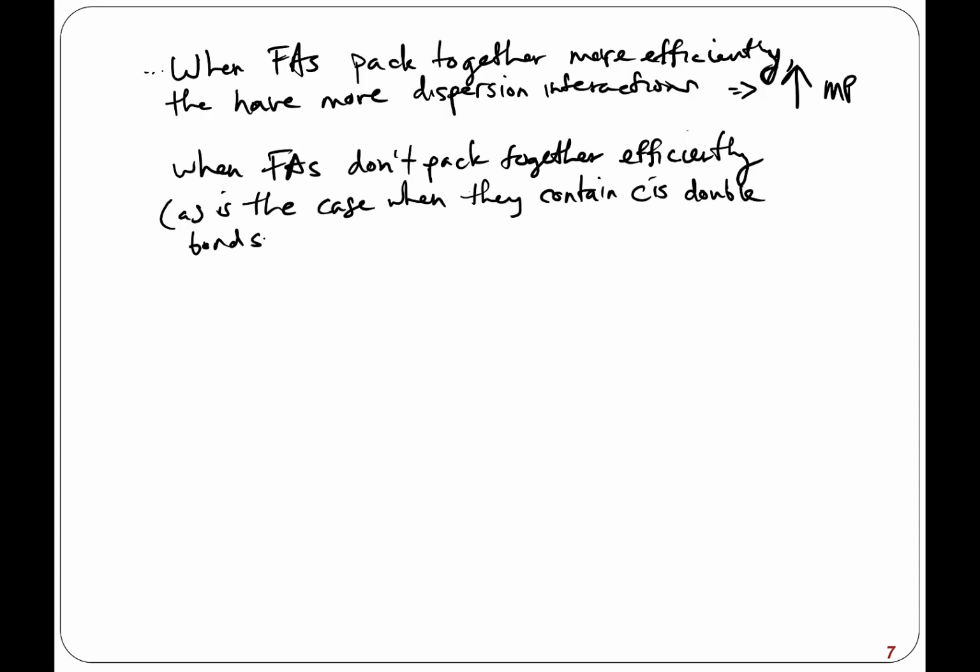So unsaturated fatty acids are the ones we're talking about. They participate in less dispersion interactions, and that leads to a lower melting point, right?